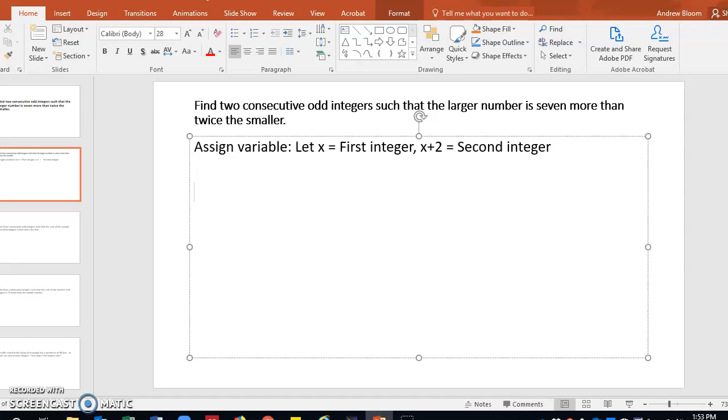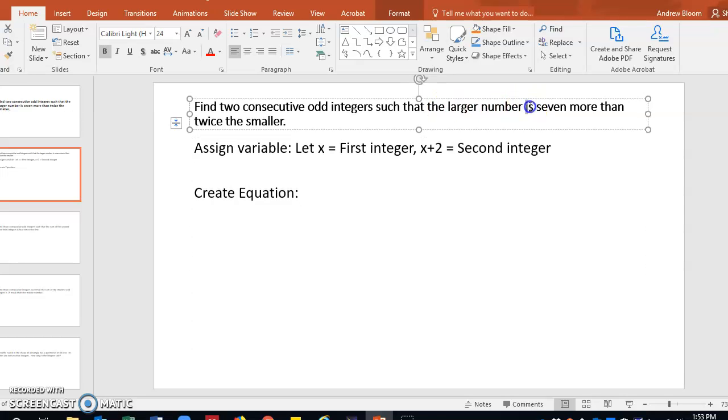Once I've assigned my variables, I need to create an equation. The equation's a little bit harder to come up with. In this case, what I want to look at is the key words in the problem. One key word that's good to look for is the word "is," because "is" can be a stand-in for an equal sign.